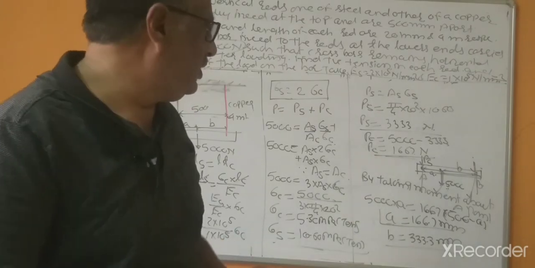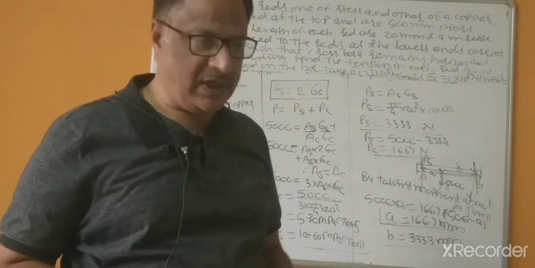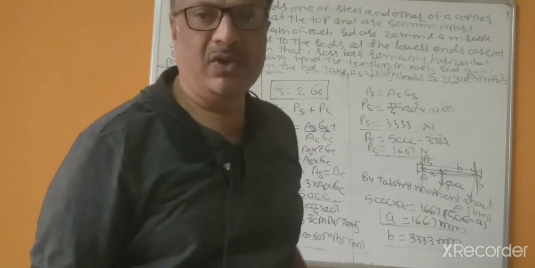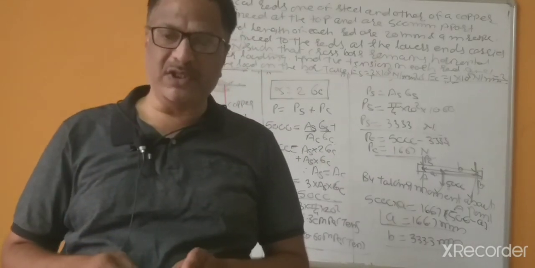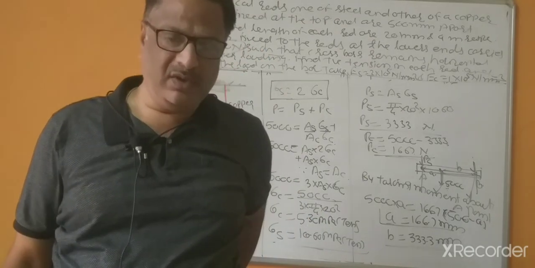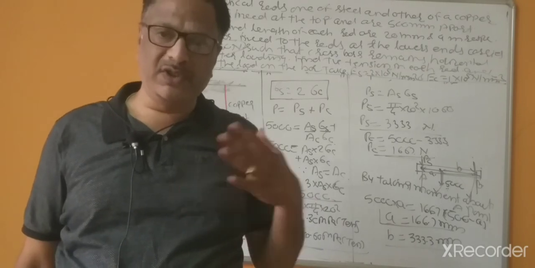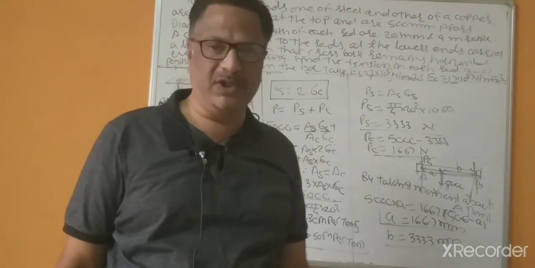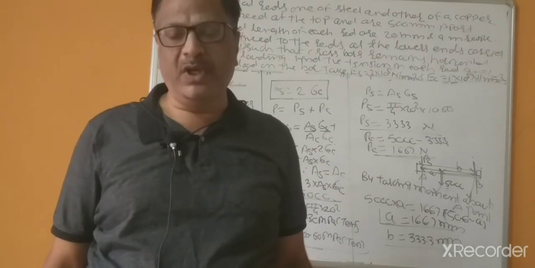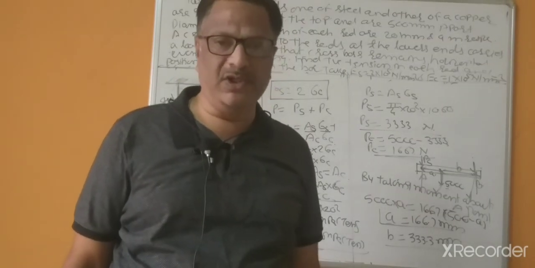Today we will stop here and continue in the next class. The next article is temperature stress. I will take two lectures on thermal stress, and after that we will see the relationship between Young's modulus and modulus of rigidity, between modulus of elasticity and bulk modulus, and between Young's modulus, bulk modulus and modulus of rigidity.